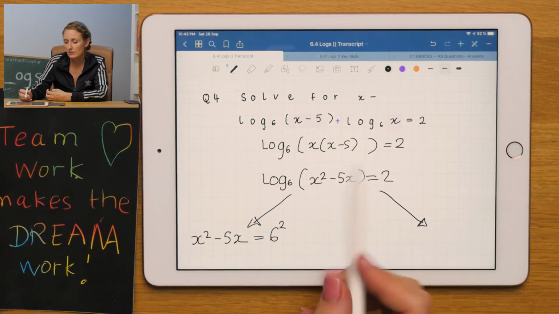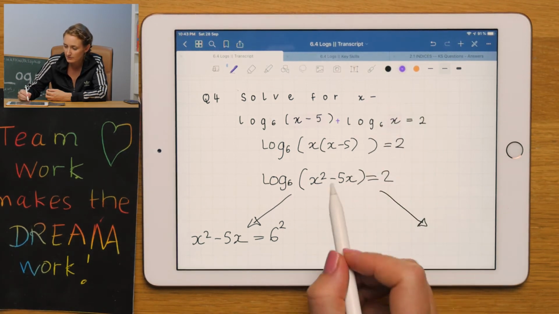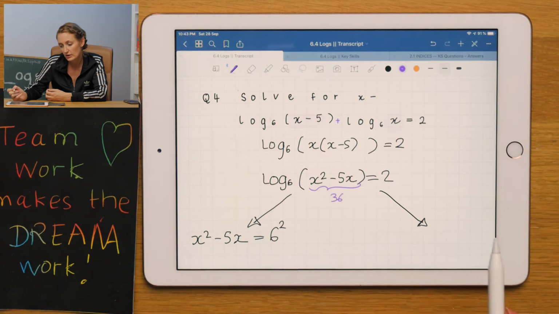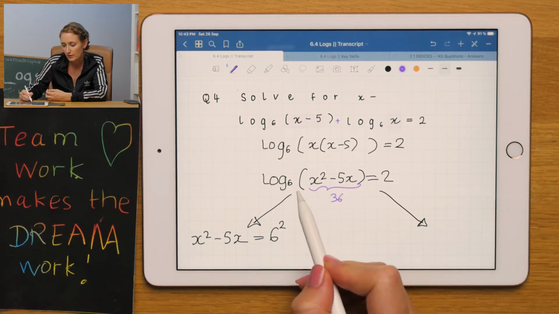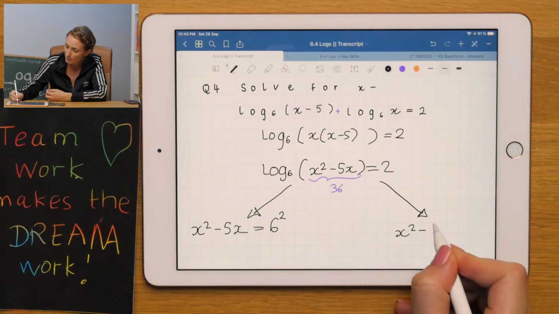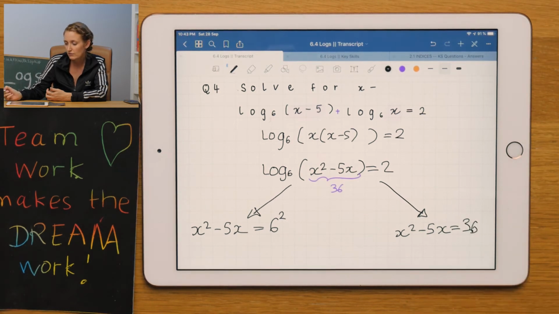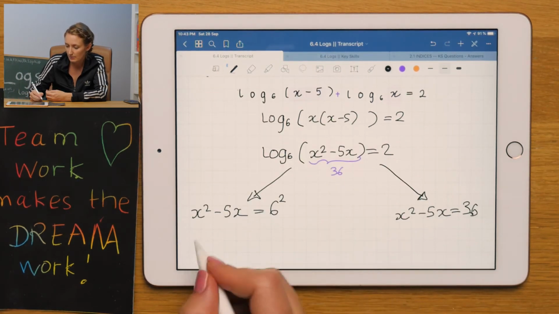And the other way to think about it is, well, we know it's base 6 and it's the second power. So the second power of 6 must be 36. So this has to be 36. That makes sense, right? If I've got a base 6, 36 is the second power. So x squared minus 5x must be the same as 36. Both of these will end up with exactly the same answer.